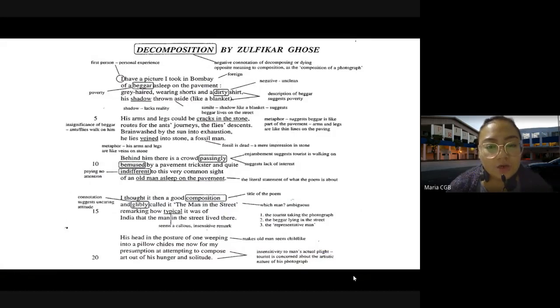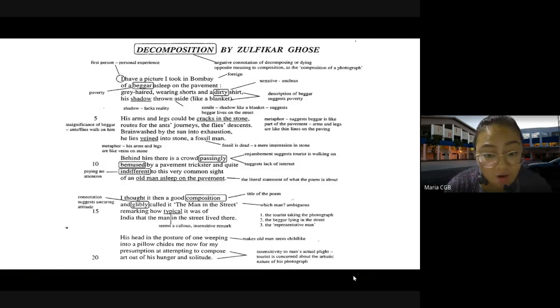If you want help writing the info for the last three stanzas, for stanza 3, you can focus on the words passingly bemused, indifferent, old man sleep on the pavement. Basically, this stanza emphasizes how the beggar is constantly ignored, and the idea of insignificance is repeated in stanza 3.